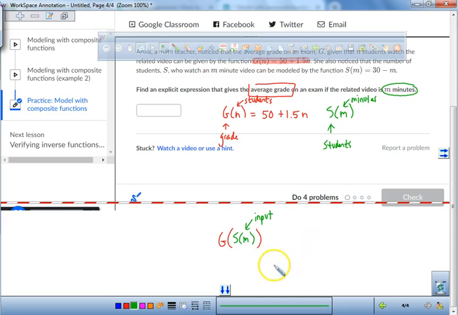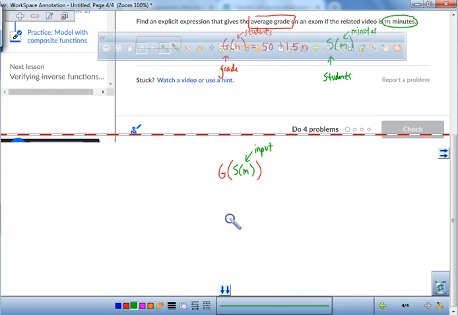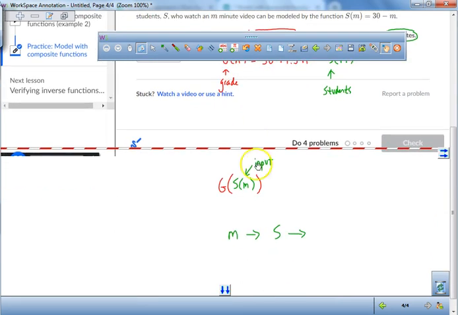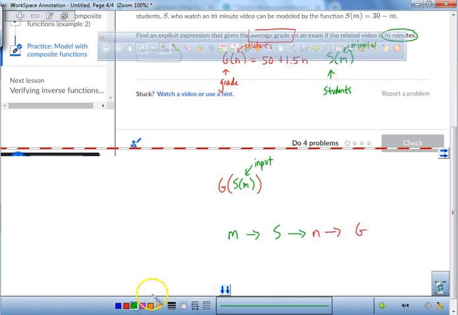Now, if I wanted to stretch this out, here's what's ultimately happening. We got M, which leads to capital S, and then S becomes our new input, which is lowercase n, which leads to our ultimate output of G. So let's label these. M is the number of minutes.